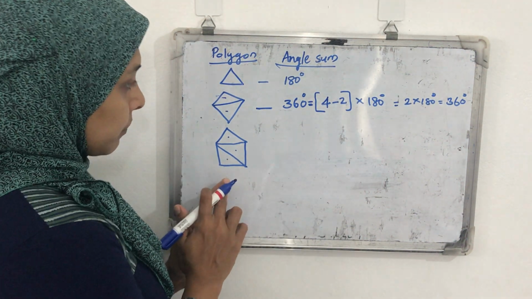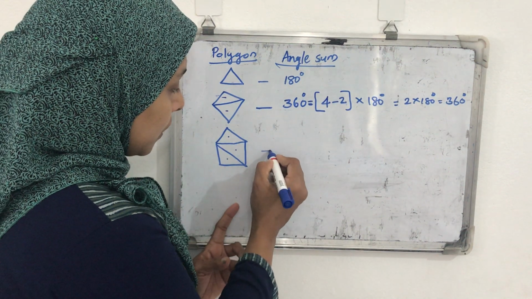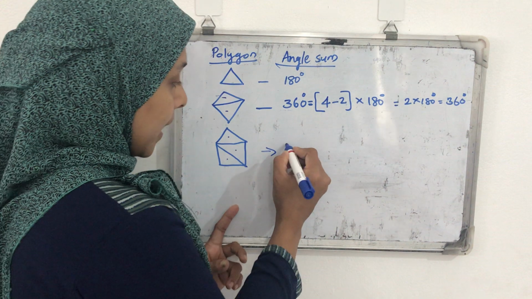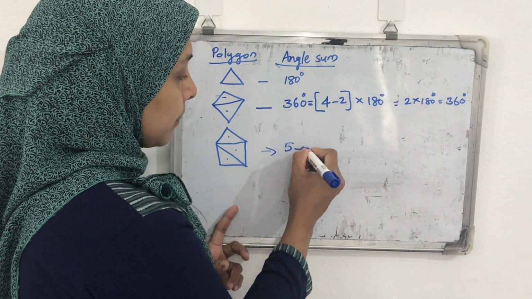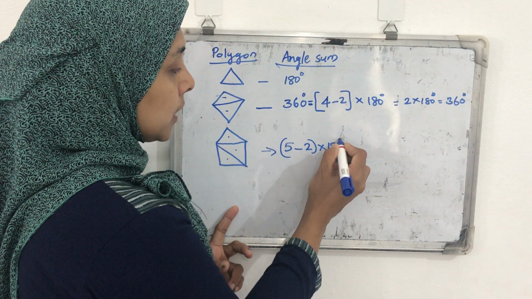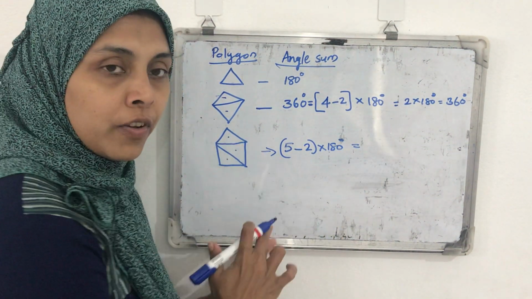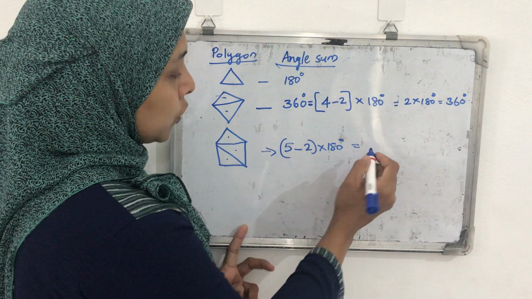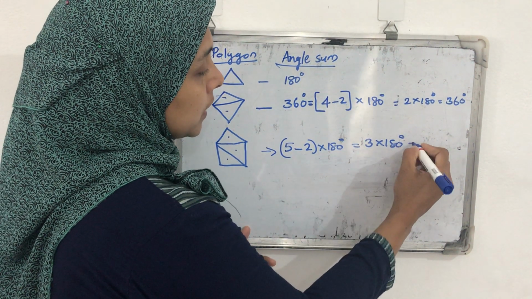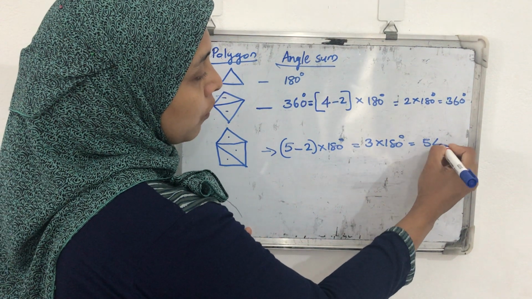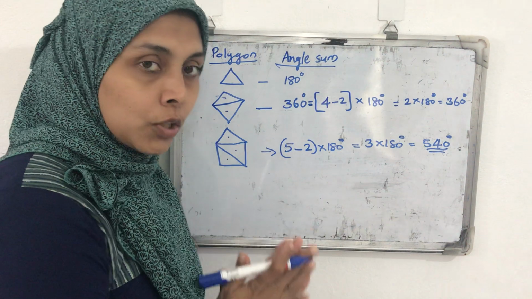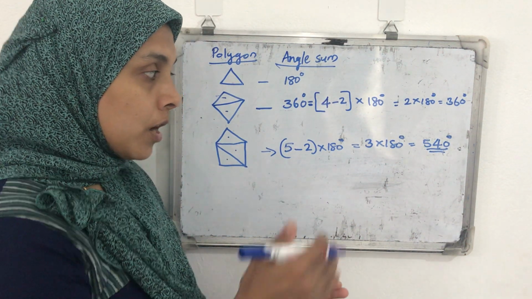Here the number of sides of a pentagon is 5. From the number of sides we subtract 2, then multiply with 180. That will be the angle sum of a pentagon. 5 minus 2 is 3, 3 into 180 is 540 degrees. So the sum of the angles of a pentagon is 540.